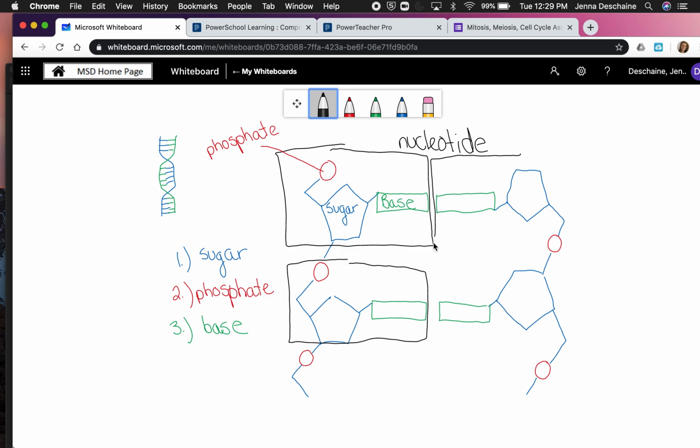One right here, and one down here. All right, those are all nucleotides, okay? So they all have a sugar, a phosphate, and some kind of base, okay? But now I want to get into the bases, okay?